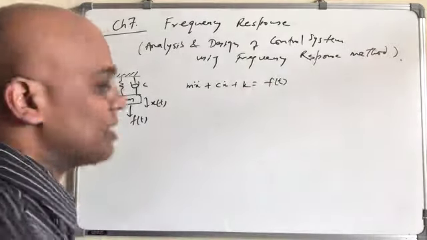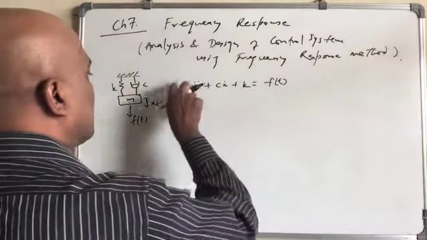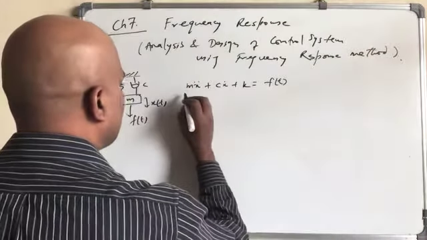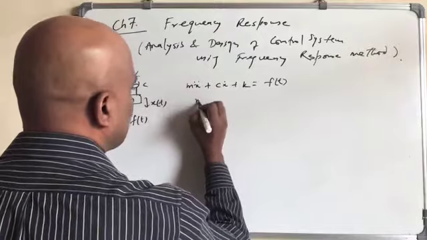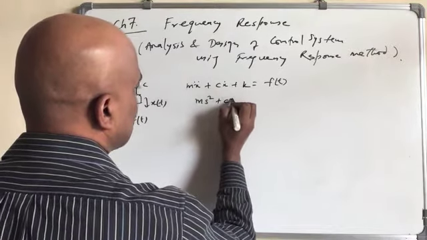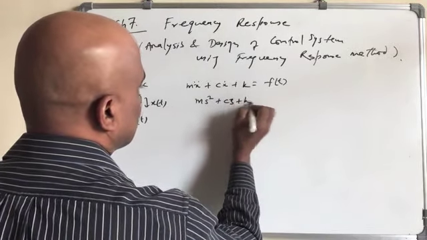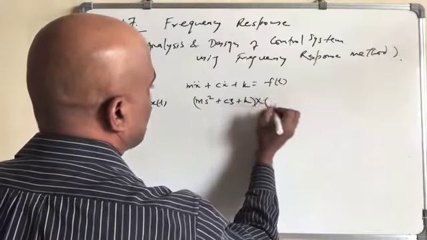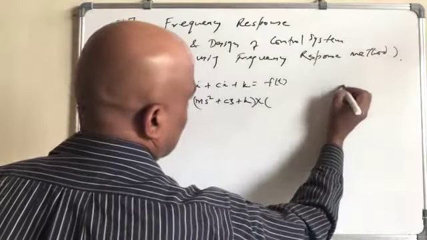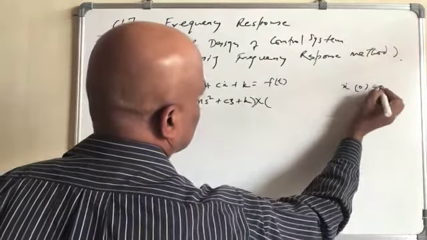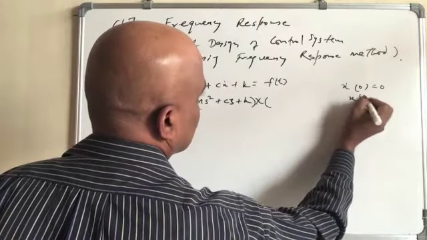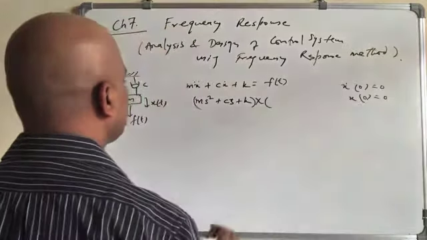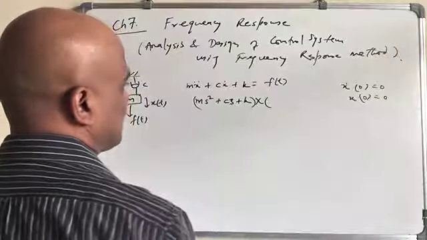Then you take the Laplace transform, and you get m s squared plus c s plus k, assuming x dot 0 equal to 0 and x 0 is also 0, so from where you are starting.